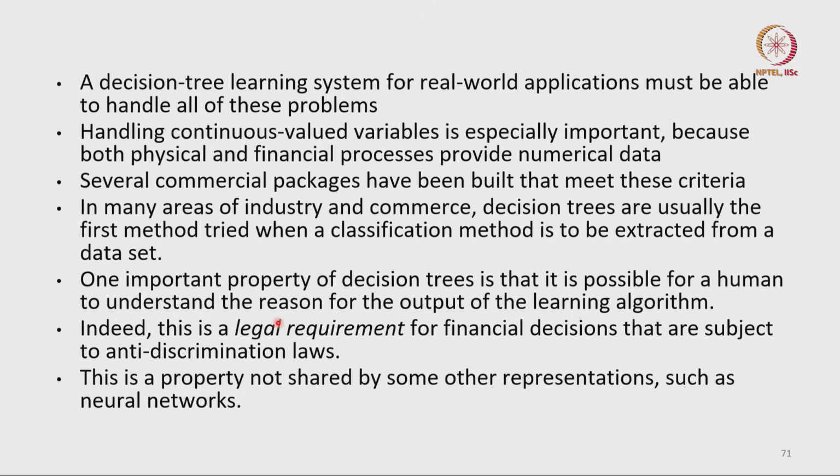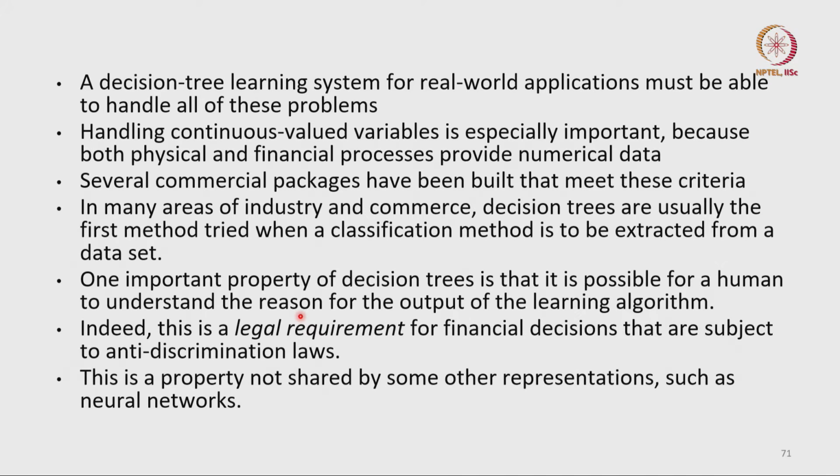So one of the best things about decision trees is that you can easily understand what the reasoning is. Okay, so an explanation of why it has chosen a certain class is very easily available. Okay, so an explanation is absolutely necessary.